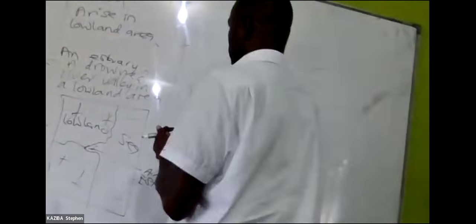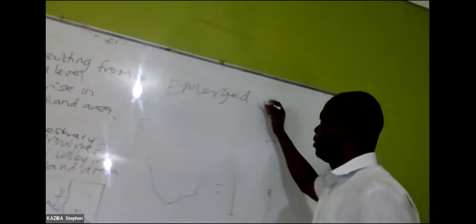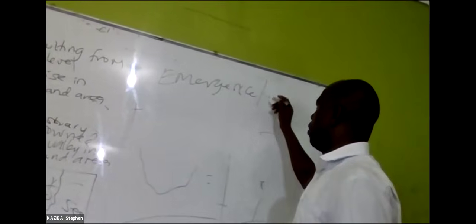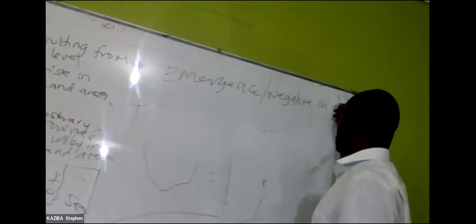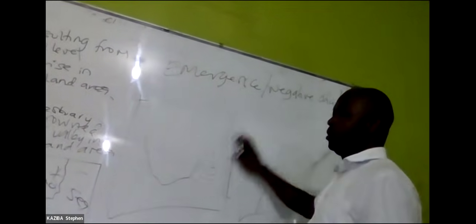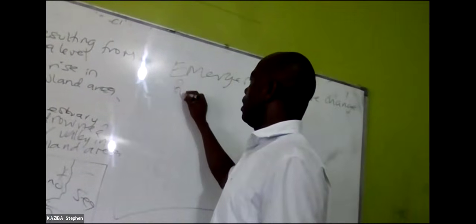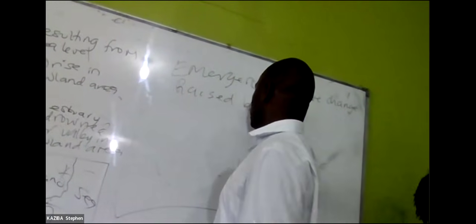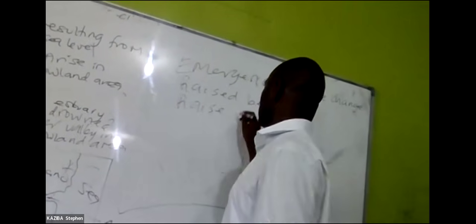Then when you go to the other side of the valley coastlines, emergence or negative change. You talk about raised. These are very easy, you can read.